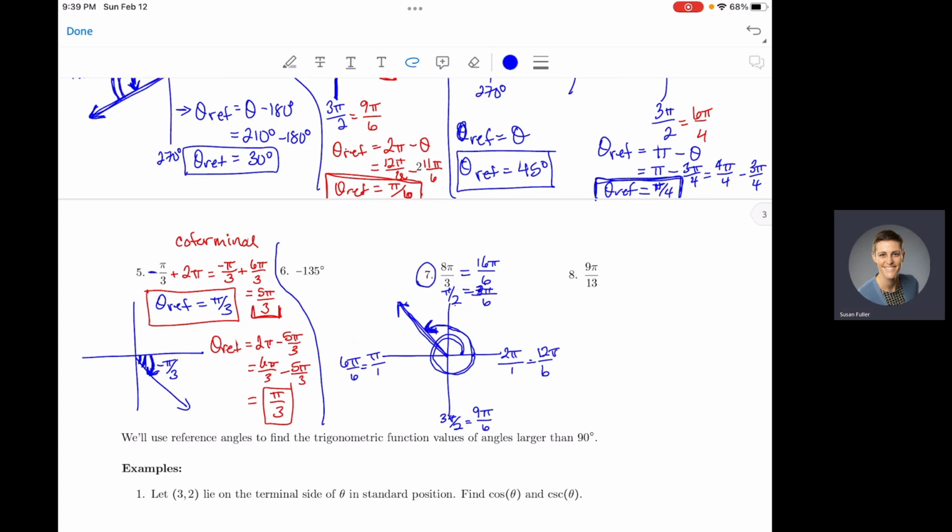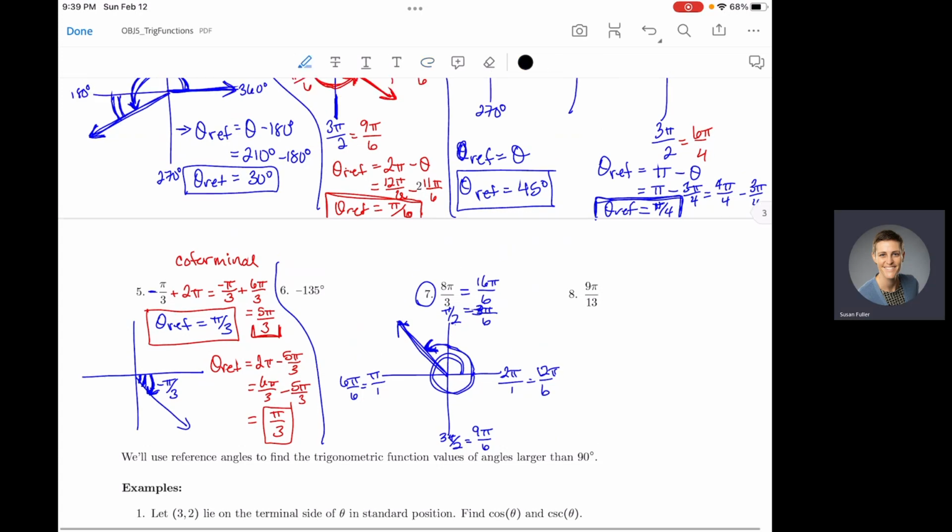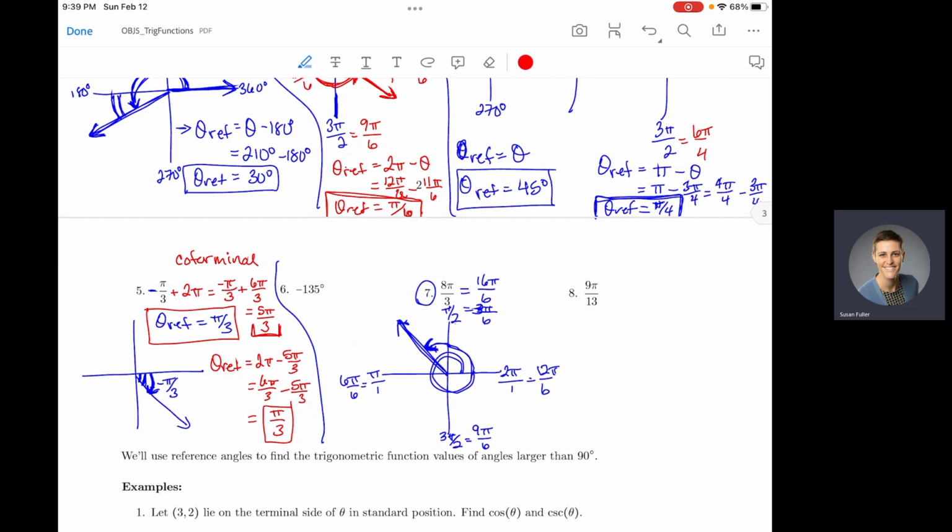Now, if your brain can't do that math and you are struggling with that, what we're going to do is subtract to find a coterminal angle that is between 0 and 2 pi. Because this rotates a whole circle and then some, I'm going to subtract 2 pi to get a coterminal angle between 0 and 2 pi.